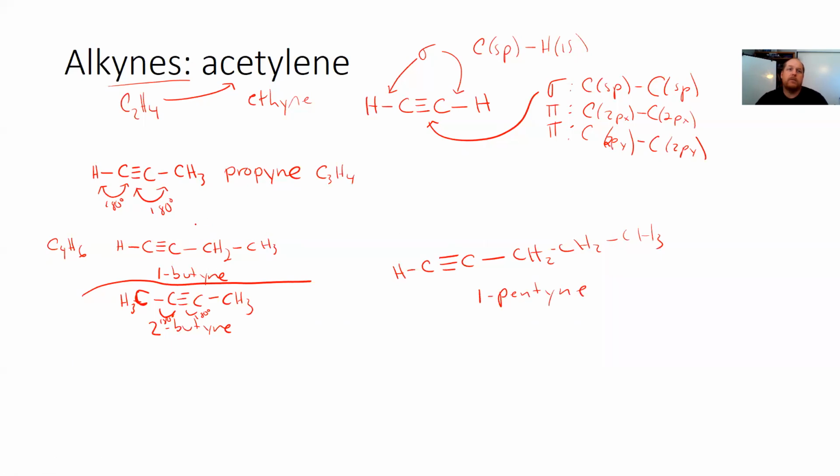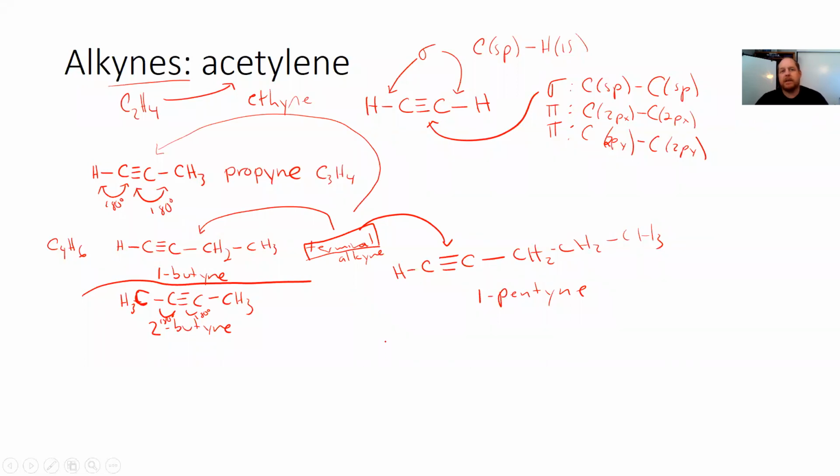Okay, so all of these are examples of a terminal alkyne. Okay, so terminal just says that the triple bond is on the end, basically. It's between the first and second carbons.